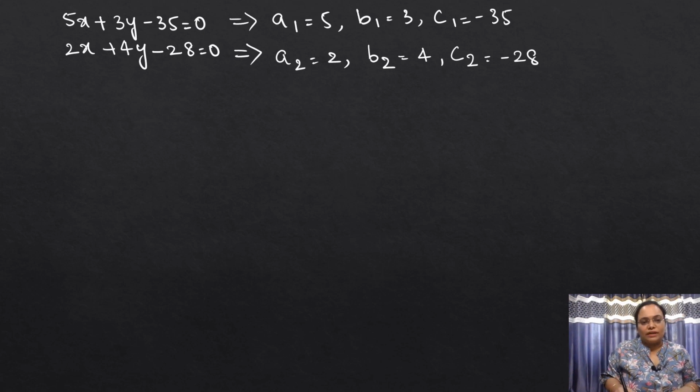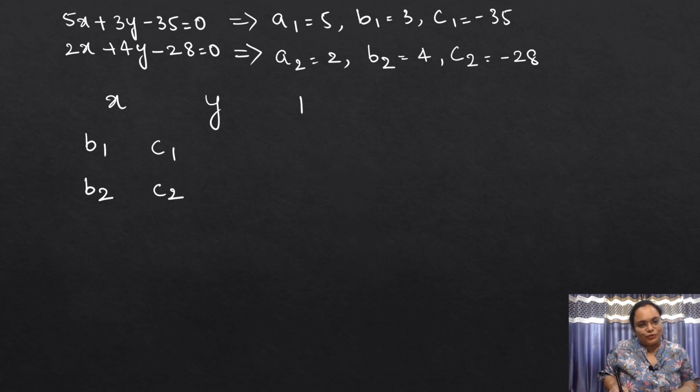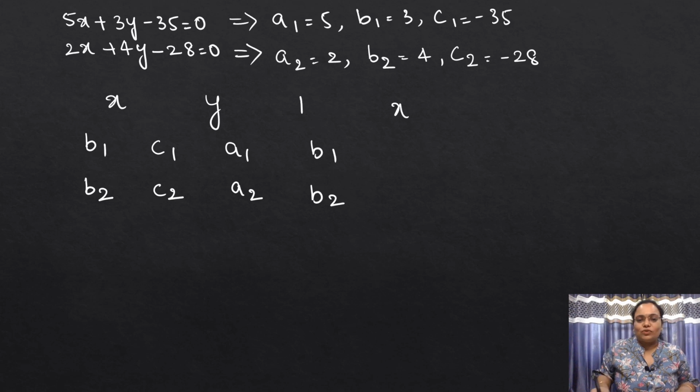Okay. Now let us write the diagram, that is x, y and constant. Here we get b1, b2. After b1, b2 you will get constant c1, c2. After constant you will get coefficients of x, which is a1, a2. Then again you will get b1 and b2. So x, y and constant.